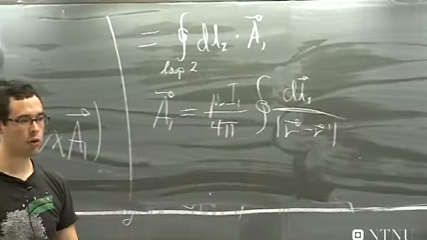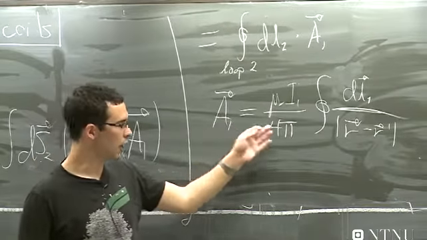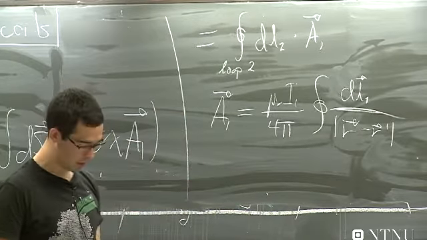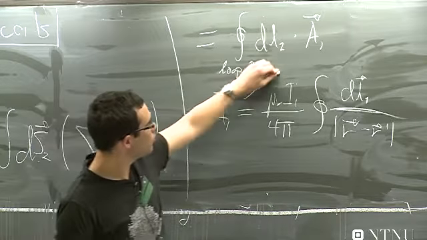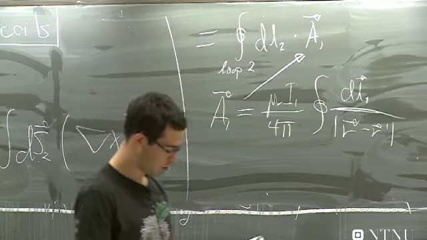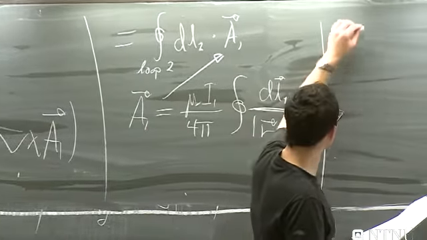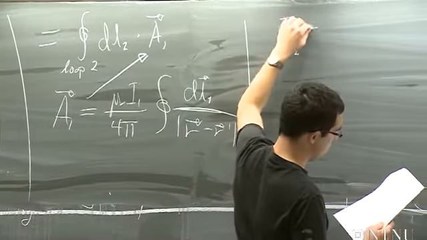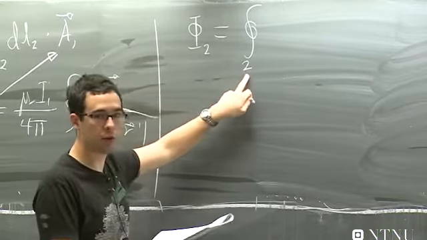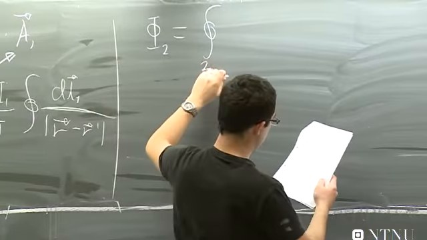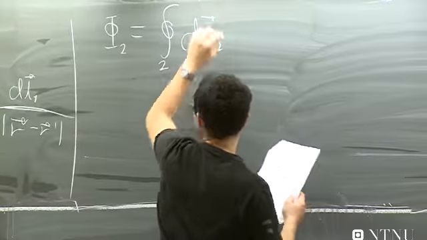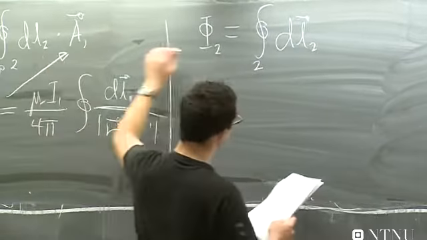Again, this is the distance from the point I'm interested in finding the vector potential at, and the variable of integration which runs over the whole loop. And if I insert this up here, well then, can we make some more observations? Let's see. So phi 2 is equal to, just make a number 2 here to signify loop 2, dl2, that's this integral.